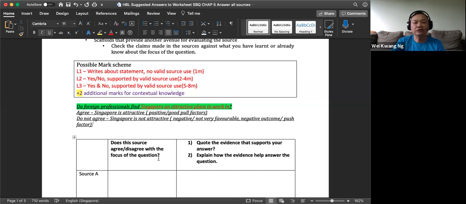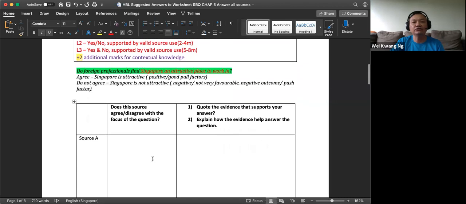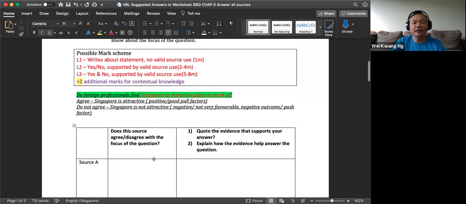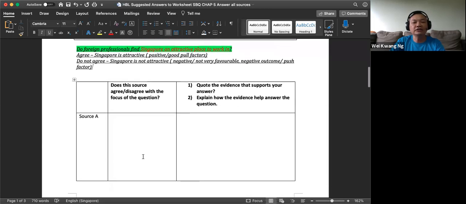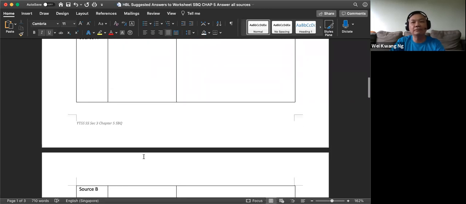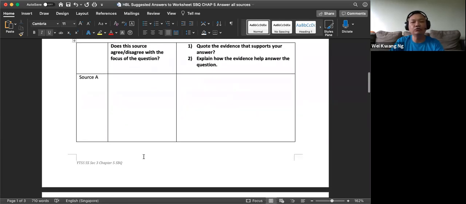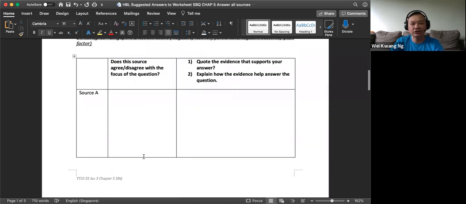Now let's look at the sources. Now that you understand what agree and disagree mean, sources A, B, C, and D will give you both sides of the argument. The first step is to go source by source. I repeat again, go source by source.